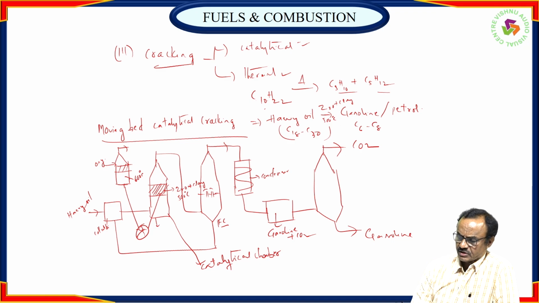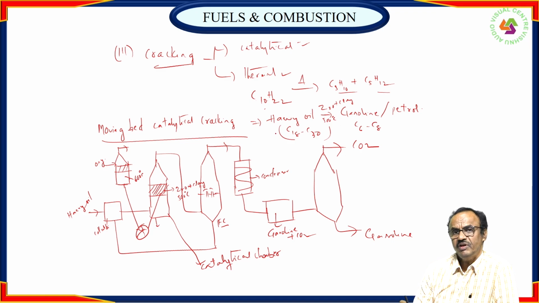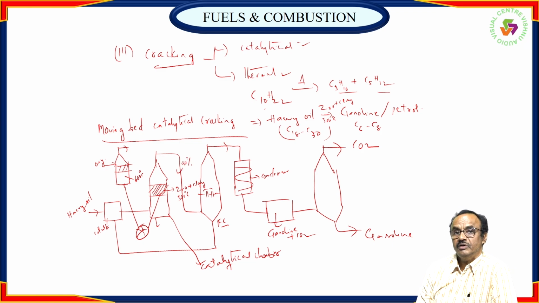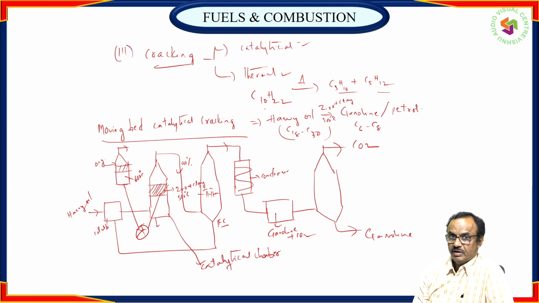So this reaction takes place. This heavy oil converts into vapor. In vapor form, it breaks into smaller fractions, gasoline. So breaking into smaller fractions takes place up to 90% only. Still remaining 10% is unbroken heavy hydrocarbons.